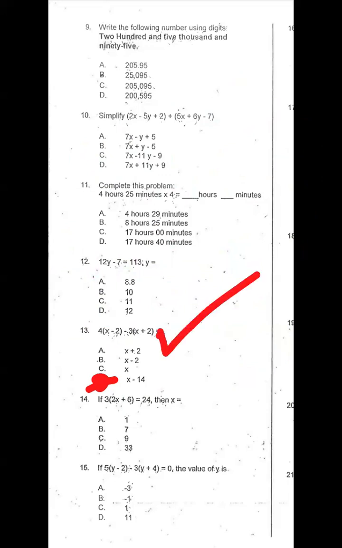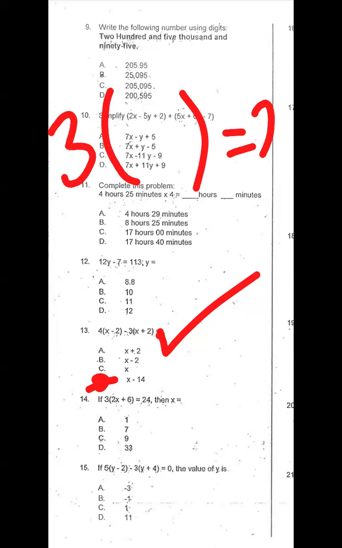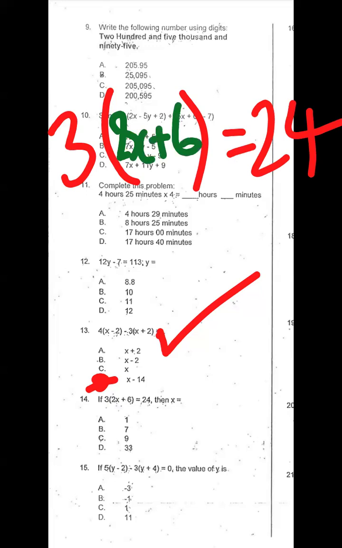Now, we'll have 3 times 2x plus 6 equal 24. This is an interesting one. So what do we multiply by 3 to get 24?